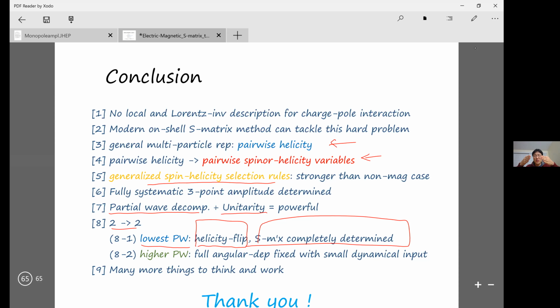But if the external state consists only of, say, electrons and photons, without any monopole, then there's no role played by this extra pairwise helicity factor. There, I'm not sure whether there can be an immediate extra constraint that can determine this electric dipole moment almost non-perturbatively. I doubt it, but nonetheless, you can ask about corrections. If the theory contains a monopole, what kind of correction can you expect in the electric dipole moment? That is conceivable, but I don't see, at least at the moment, that we can just write down the answer for that immediately. Okay, thank you.